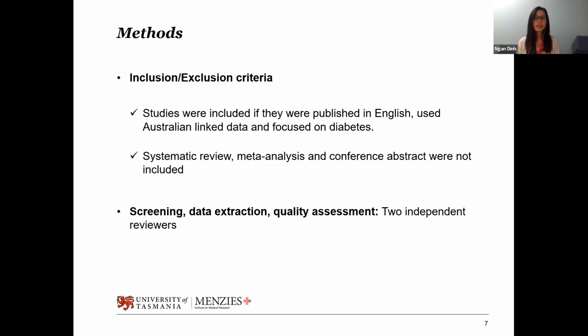Studies were included if they were published in English, used Australian linked data, and focused on diabetes. Systematic reviews, meta-analyses, and conference abstracts were not included. Screening, data extraction, and quality assessment were done by 2 independent researchers to reduce bias.